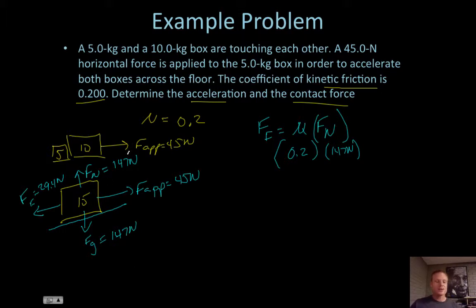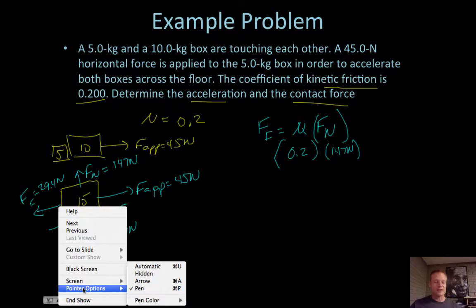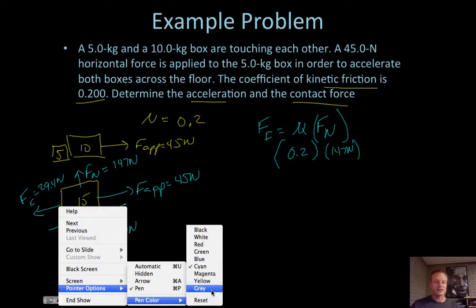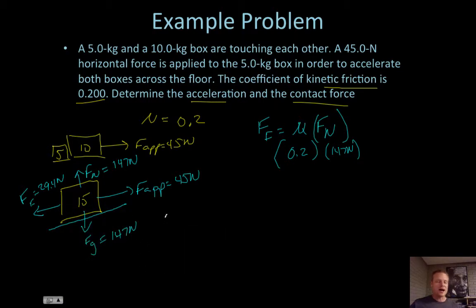Anyway, now that we've done that, we can finally use Newton's second law to calculate the acceleration. Let's use magenta. My forces in the y direction seem to be balanced, right? We have a normal force of 147 newtons, and we have a gravitational force of 147 newtons. So we don't even have to worry about the y direction. There's no acceleration.